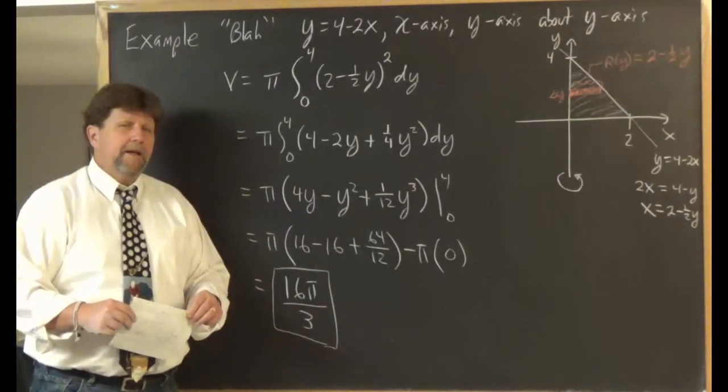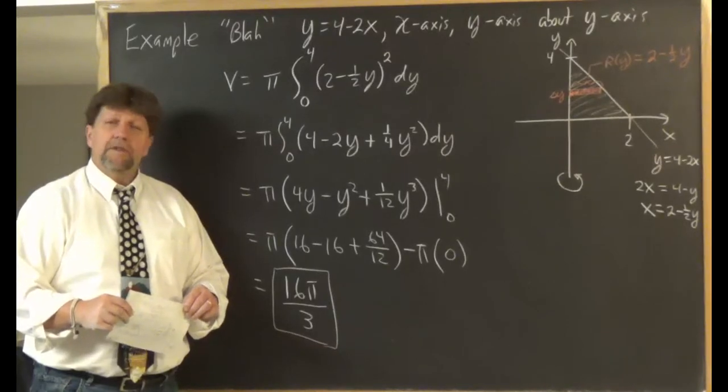And I believe when we head back to the slides, we're going to start discussing what's called the washer method. All right, folks. So far we've done several examples, and I've asked you to do some of your homework problems using the disk method. Hopefully you're feeling pretty comfortable with it.